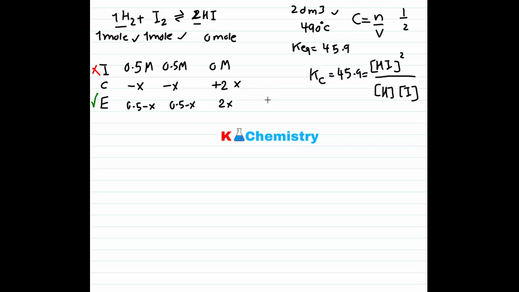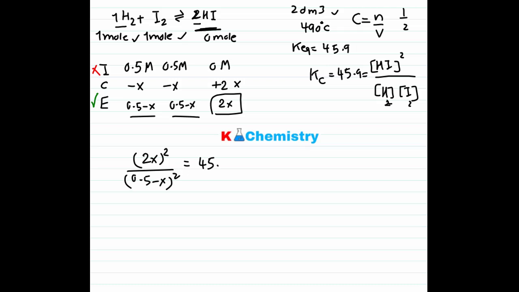So you are saying that HI squared, the concentration at equilibrium, which is 2x squared, divided by the concentration of H2 and I2 multiplied, which is 0.5 minus x, 0.5 minus x, is equal to 45.9. Using any simple calculator or even by math, I can find the x value.